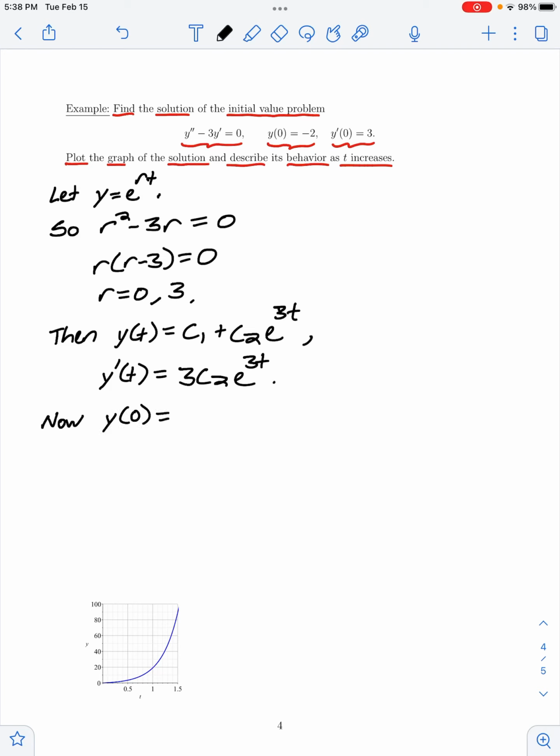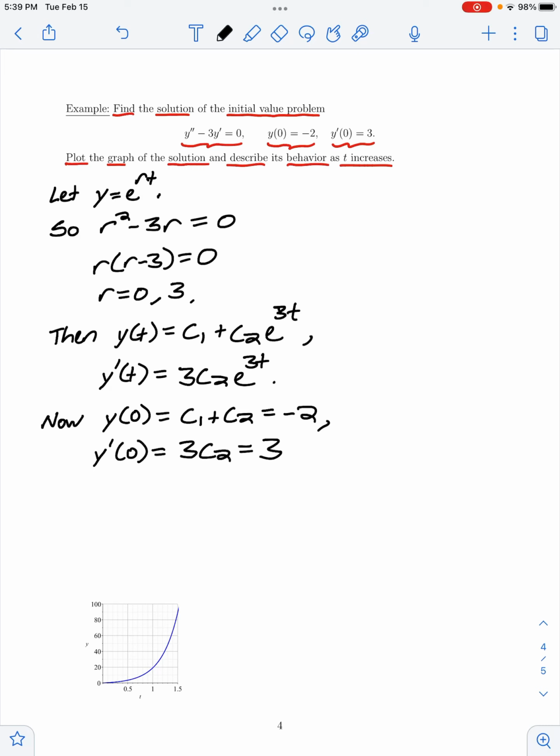So if we substitute 0 in for t, my general solution would be c1 plus c2, which I was told has to be negative 2, and y prime of 0 would give me 3 times c2, which I was told has to equal 3.